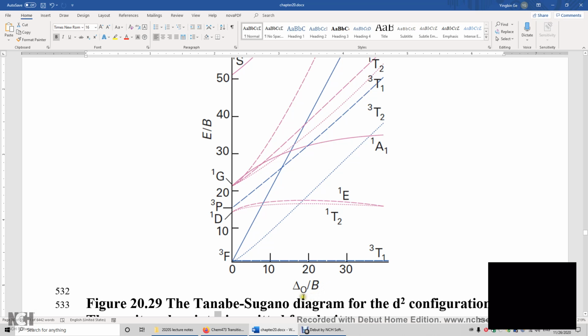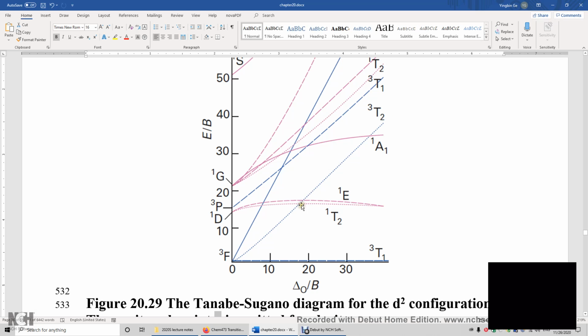So in a typical case, if we have delta O is 20 times B, we just look at this horizontal axis, find the ratio. Delta O is 20 times B, it's right here. And then we can look at the transition energy from 3T1 to 3T2.